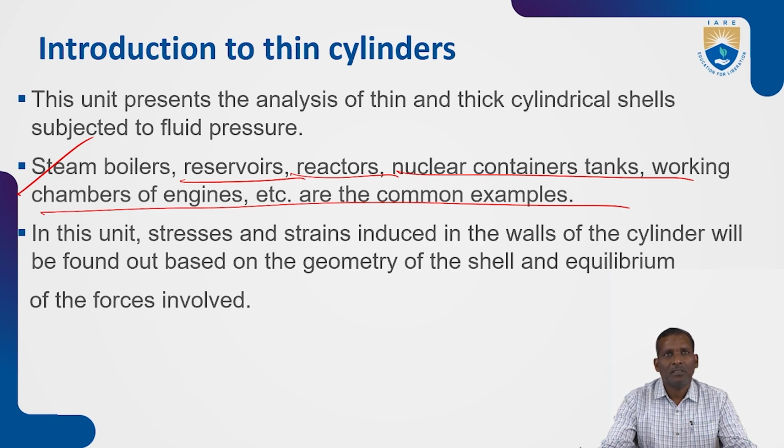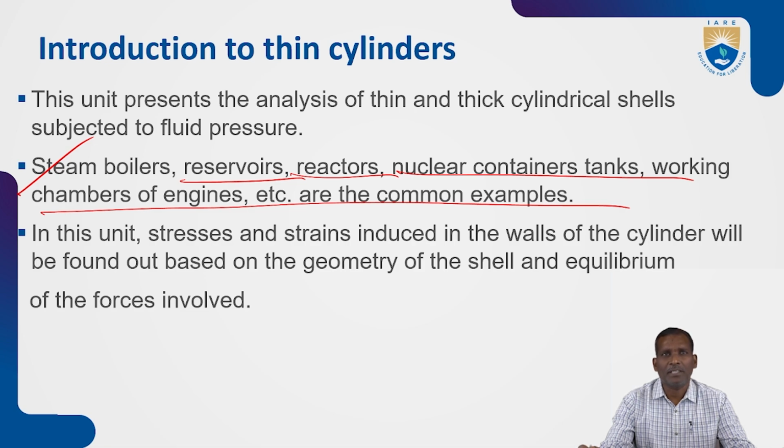Steam boilers, reservoirs and reactors, and the working chambers of engines, are examples of thin cylinders. Our engine cylinder, the cylinder placed inside the engine chamber, is also considered a thin cylinder.